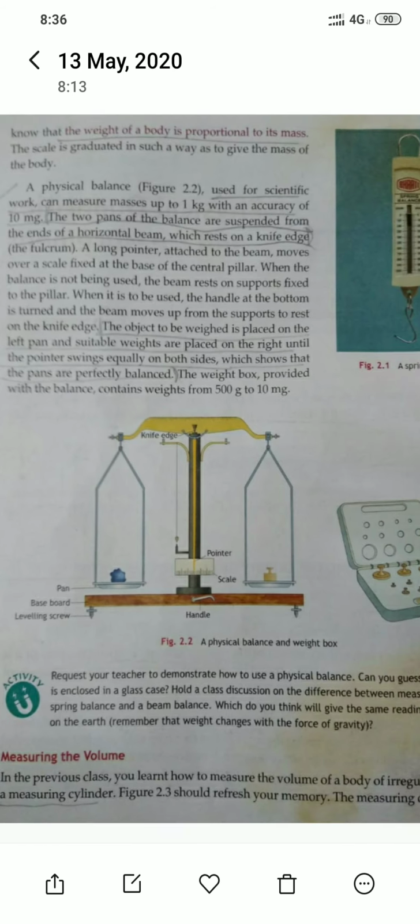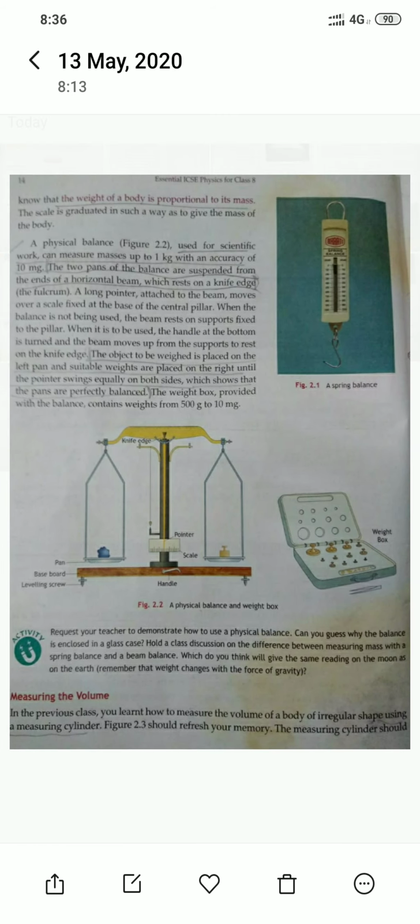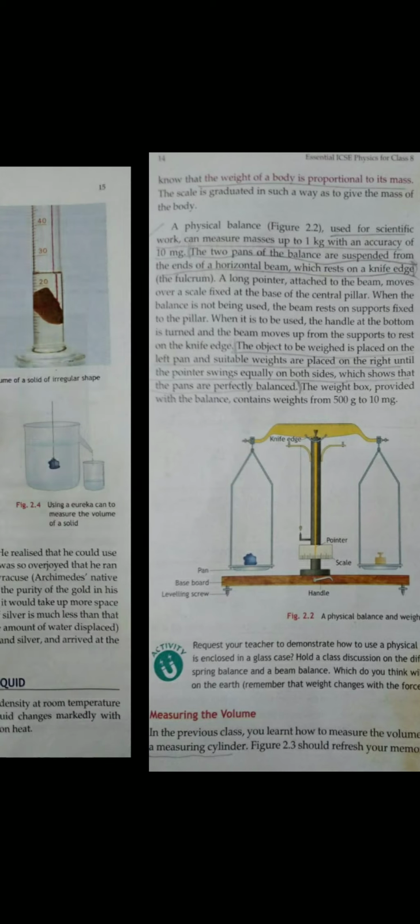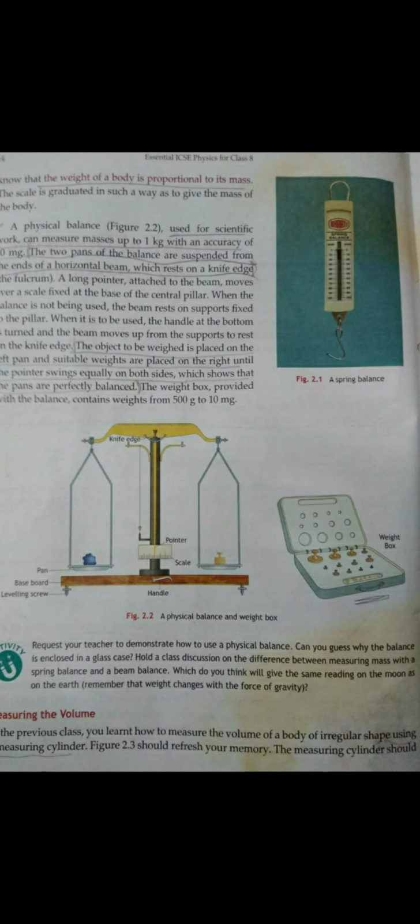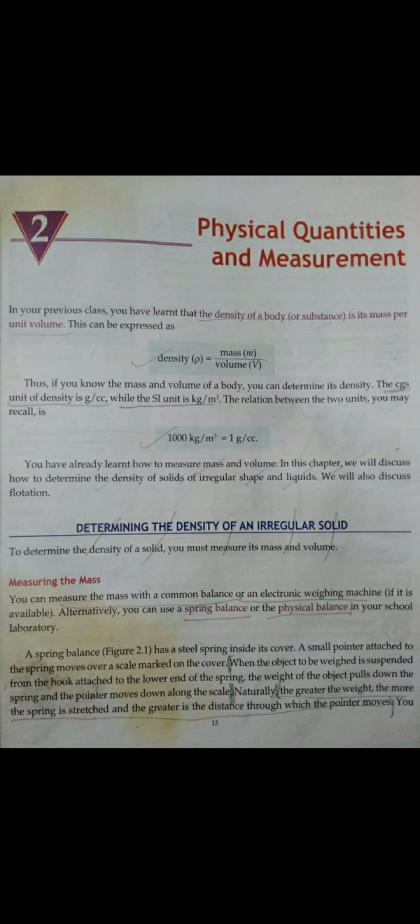Now one thing that you need to know: in case of spring balance we were hanging something on the hook, and the object was pulled downwards due to the gravitational force.